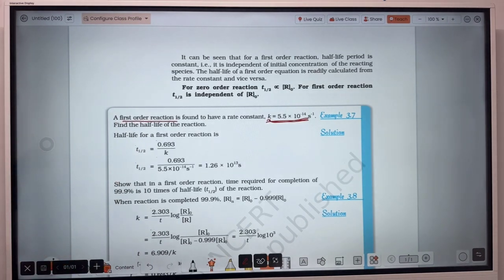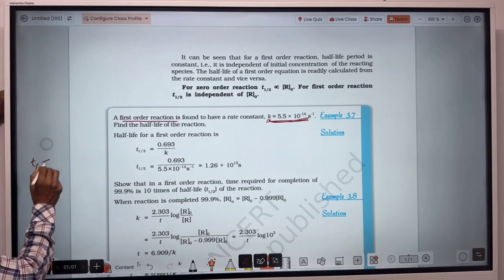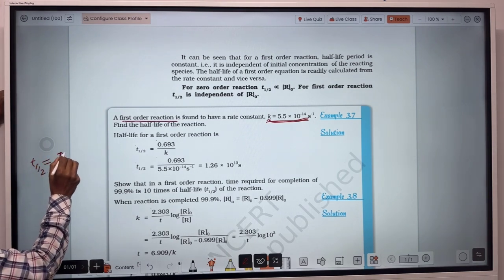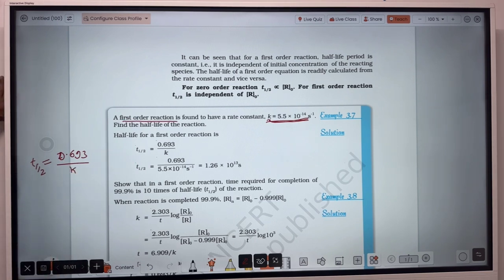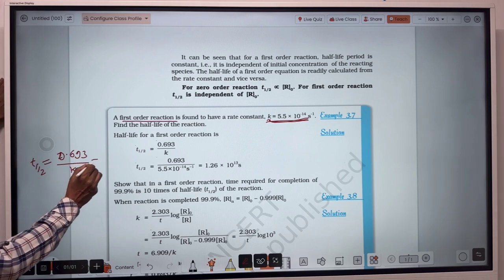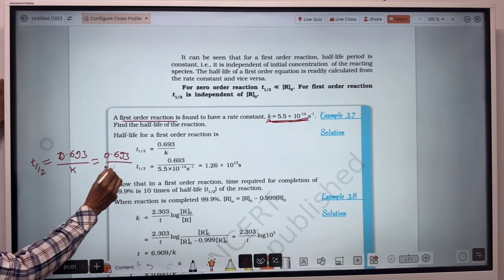So the half-life period is being asked. Very simple, you know already: for the first order reaction, half-life period is equal to 0.693 upon K. So 0.693 upon K is this much.